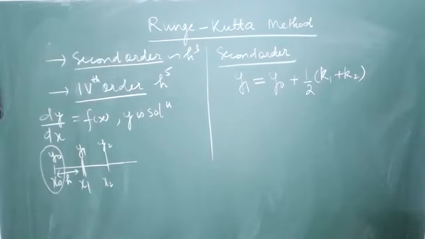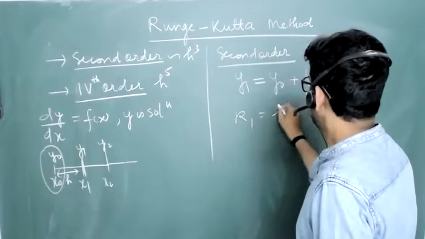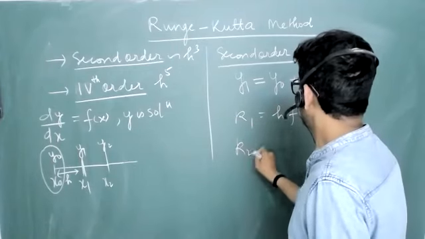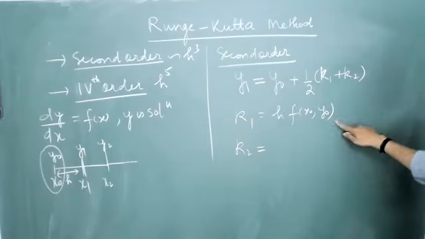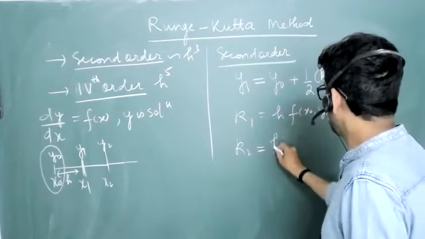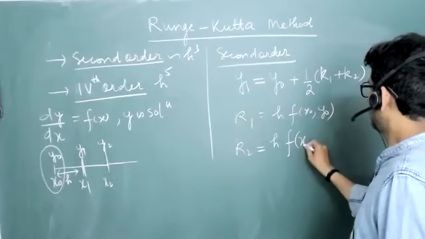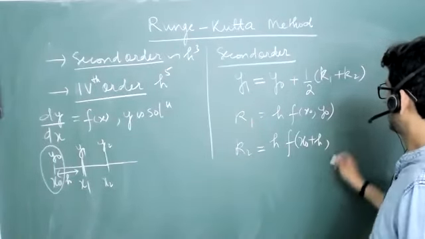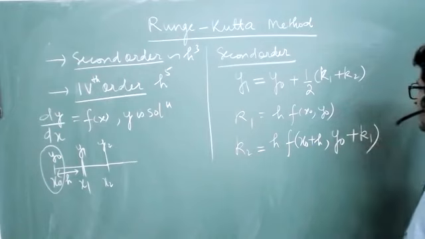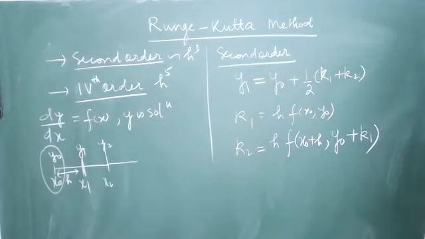And the important thing is, what is the value of k1 and k2? k1 is simply h of f(x0, y0), and k2, please understand, will be calculated using this. k2 will be h of f(x0 plus h, y0 plus k1), since now you have to jump to x1. So it is an iterative method. Until you calculate the value of k1, k2 will not come out. So this is called Runge Kutta second order.